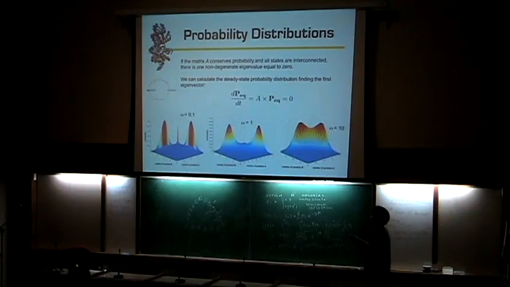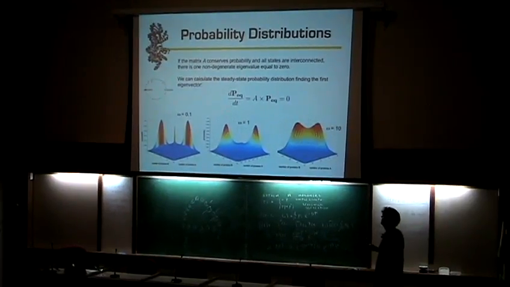Say that if you want the steady state probability distributions, that's when the d/dt of your vector is zero, right? It's the steady state. So that's pretty much an eigenvalue problem, right? The probability distribution of the steady state is going to be the first eigenvector of this matrix.